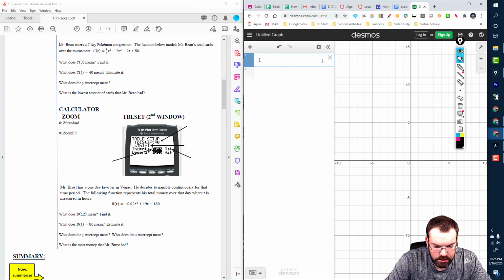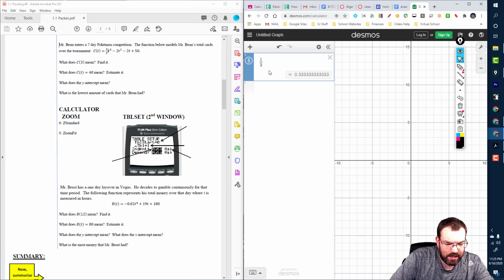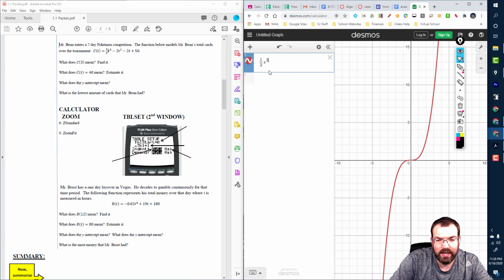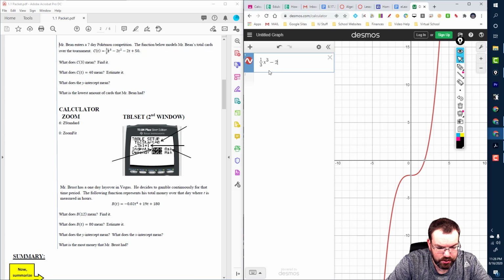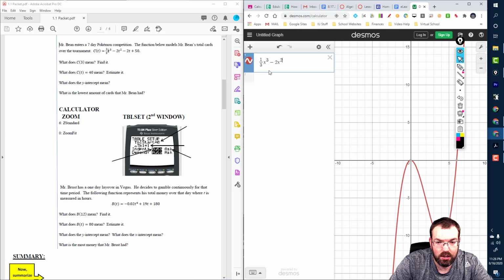So let's type that in. I'm going to do 1 divided by 3. Once I do 1 divided by 3, you'll see that this is actually a calculator as well, so you could use it as a calculator, not just a graphing calculator. I'm going to scroll over, so I did 1 divided by 3, and then I have to hit the right arrow key to get x. I have to hit the shift 6 key to get the cube, okay, and then scroll over to get the minus 2x squared, so then shift 6 squared.